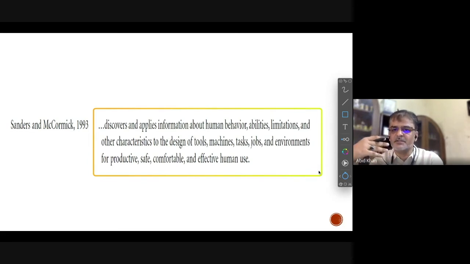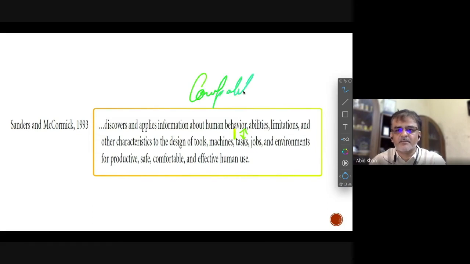There must be sufficient space, or sufficient compatibility. You have to achieve compatibility between these two, human abilities and the task. So compatibility is important.